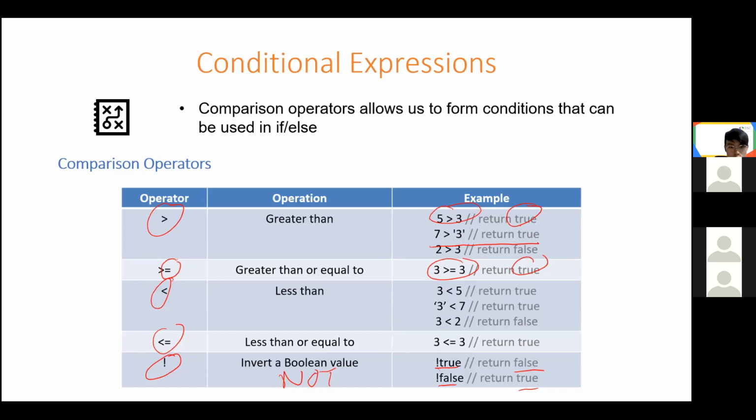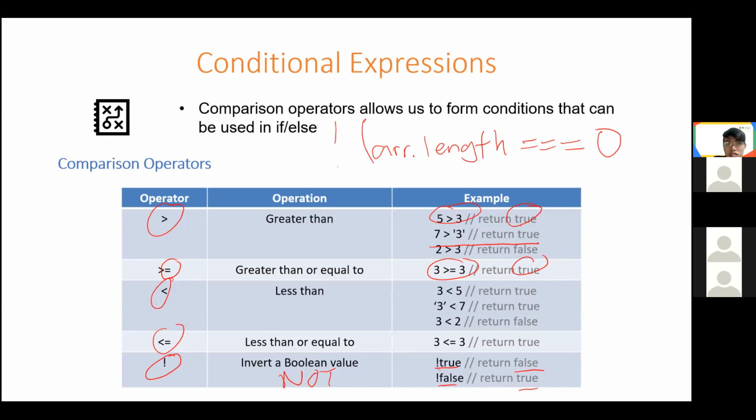Let's say you're trying to find out if a string is empty, or if an array is empty. You can do this. This will be true when the array is empty. What if you want to find out it's not empty?